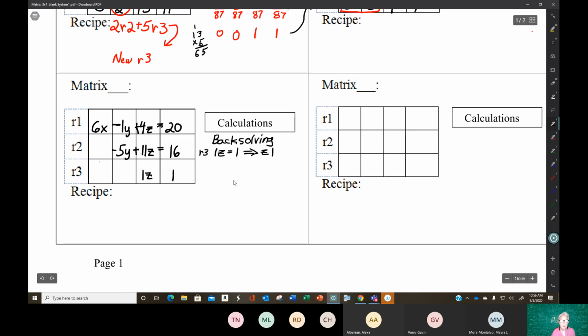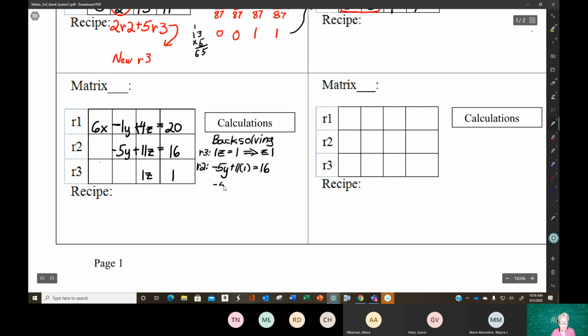Now we go backwards to row 2. We'll have negative 5y plus 11 times 1 equals 16.